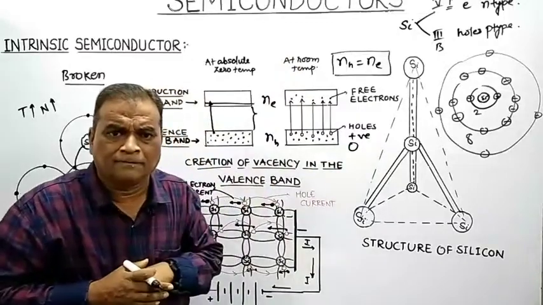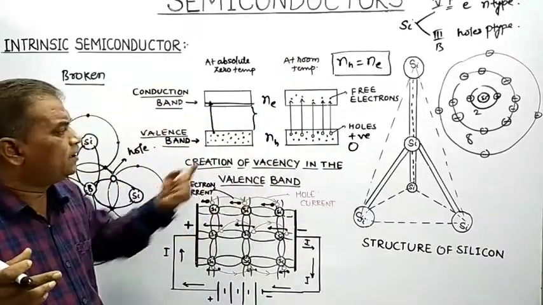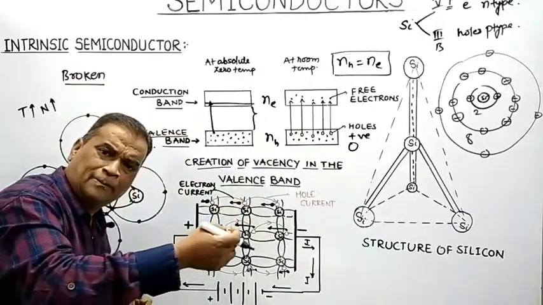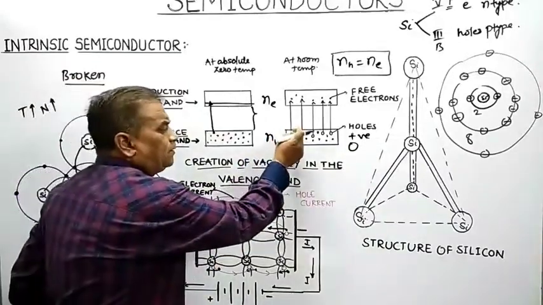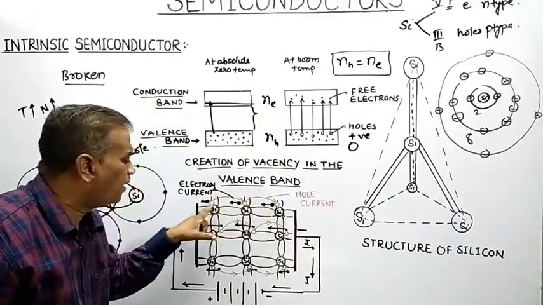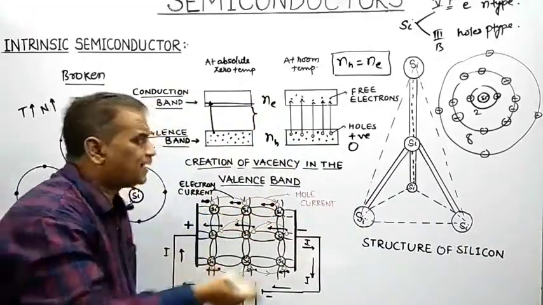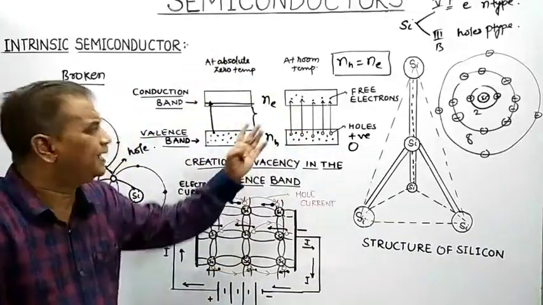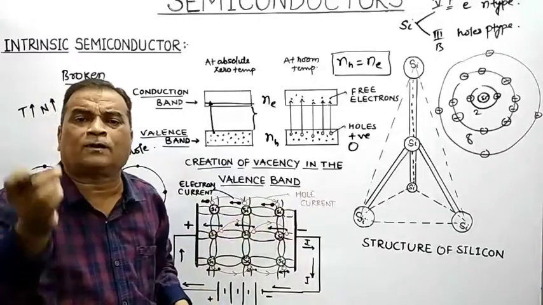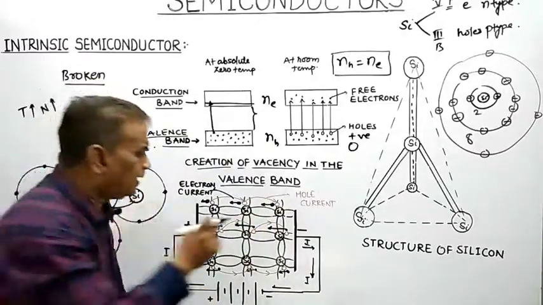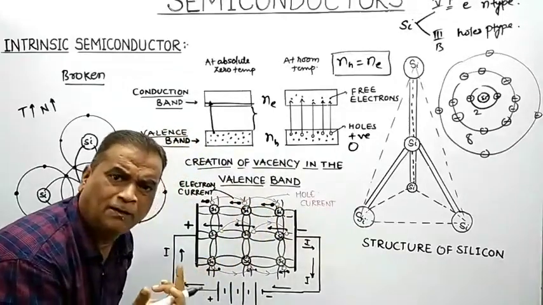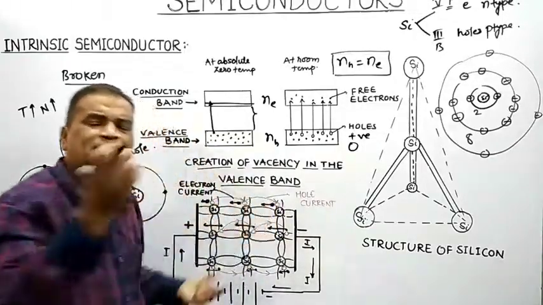The conduction band. So the place from where electrons move from the valence band to the conduction band, there must be a formation of what? Holes. When an electron from this place moves, it means there is a vacancy of electron. Vacancy of electron is nothing but what?